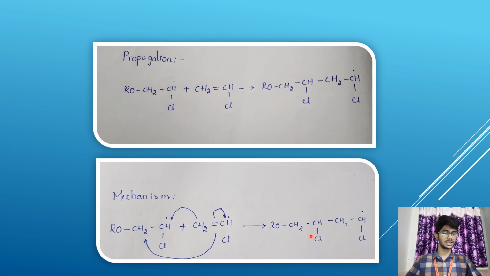This CHCl and this CH2 we get from the vinyl chloride, and the final product is ROCH2CHCl-CH2CHCl.